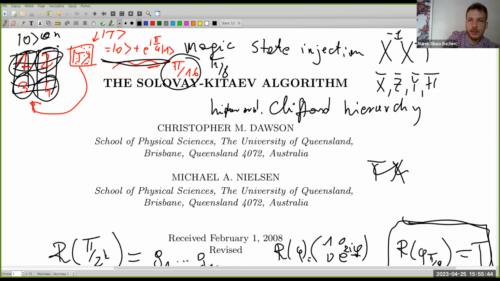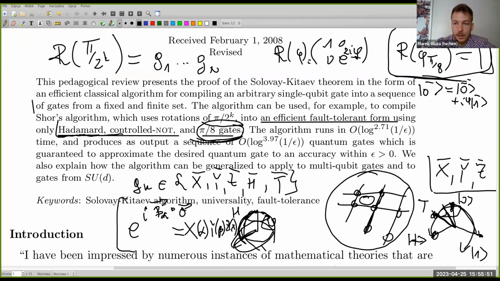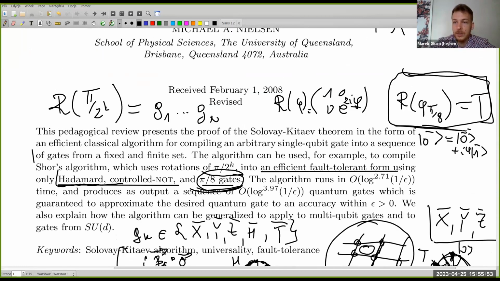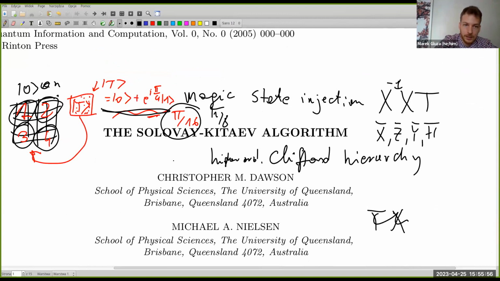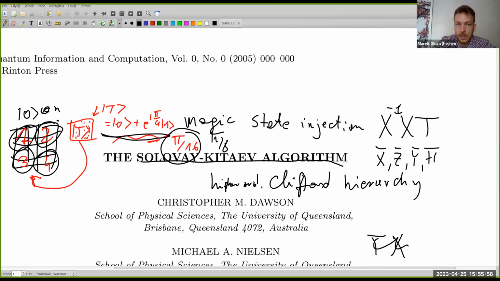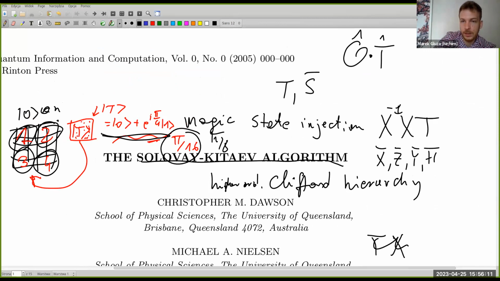If you want to inject other angles, then you will need T-gates to correct. That's one point. Now, after reading this paper and implementing this, you could try to understand, if I have some operation O together with my T-gate logically, how to compile the inverse of that operation using T-gates and single-qubit logical gates.